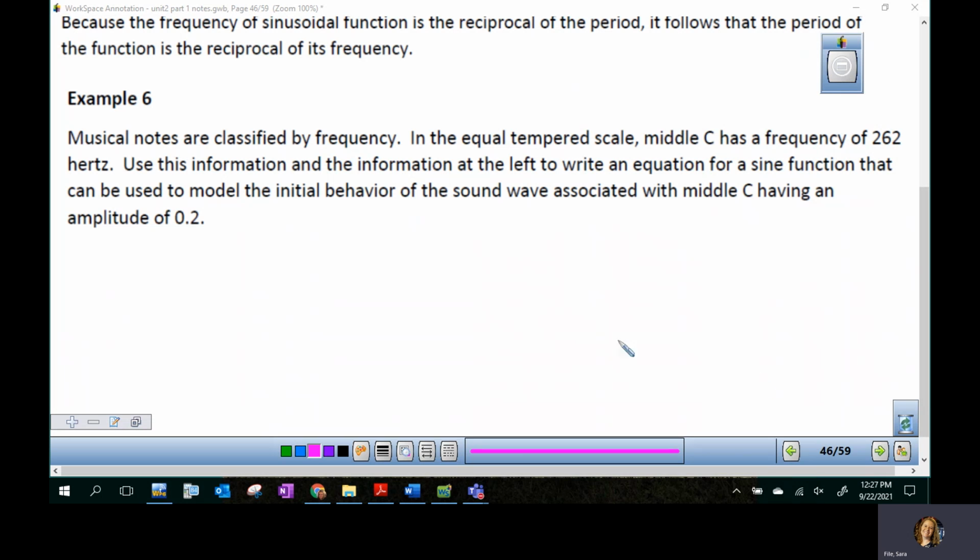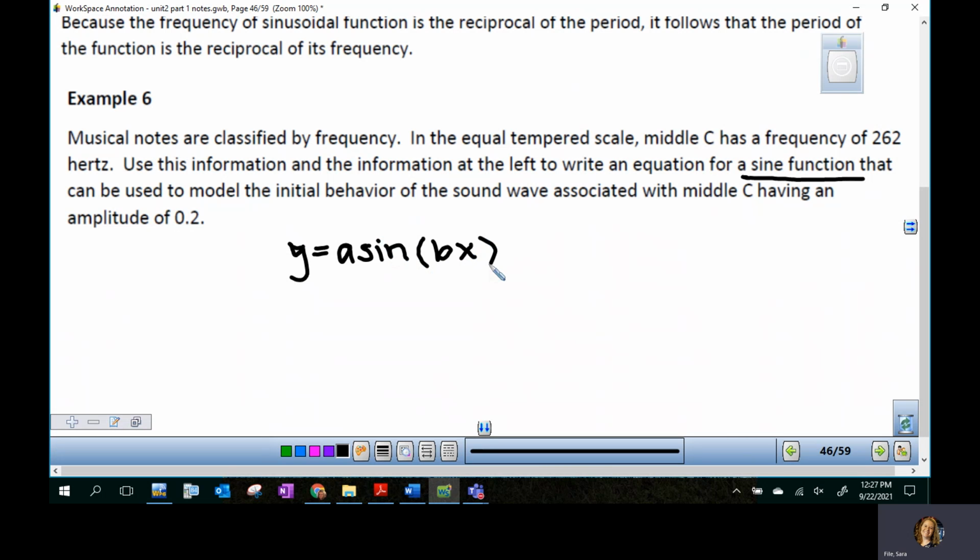All right, so I know my goal here is to write a sine function. Okay, so y equals a sine of bx.